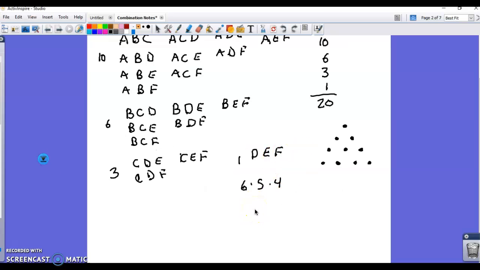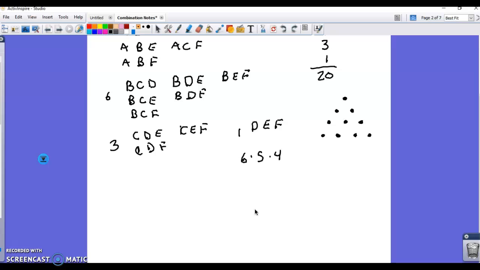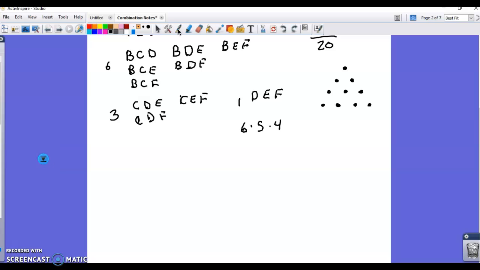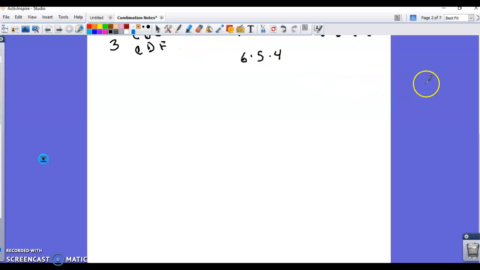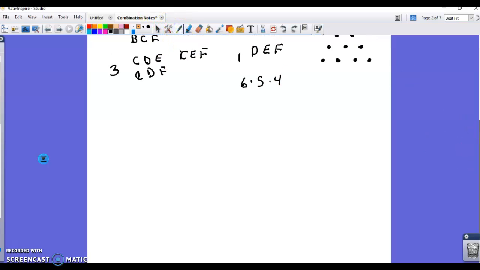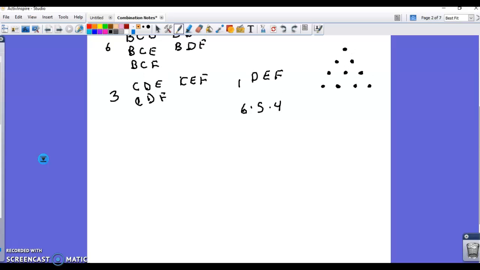Moved up a little bit. All right. Oh, I probably did too much. Uh-oh. Moved off the page.